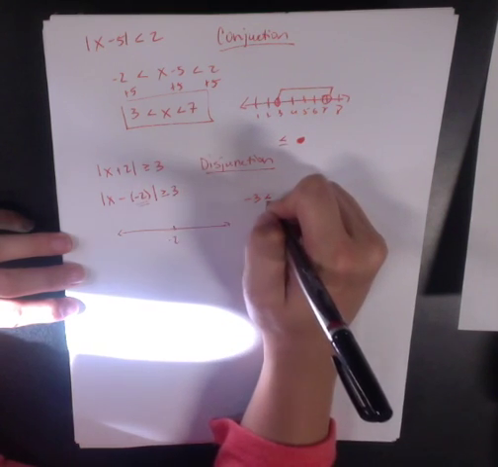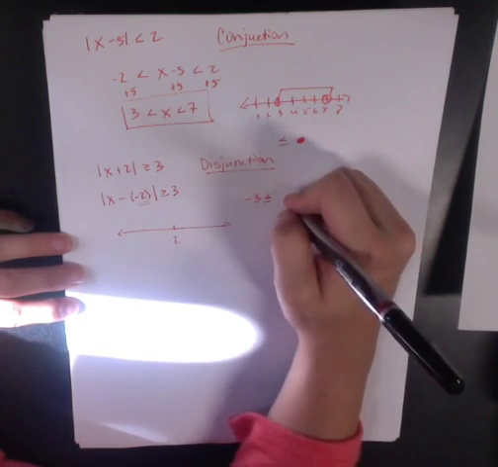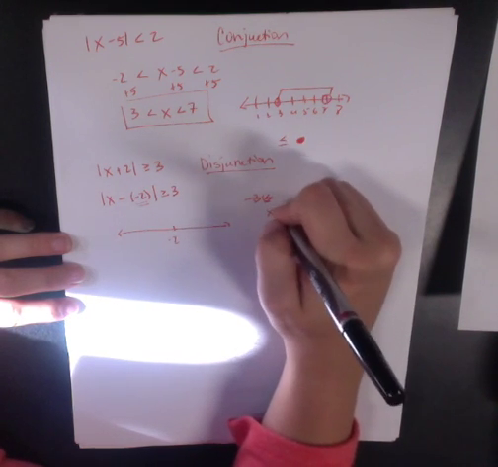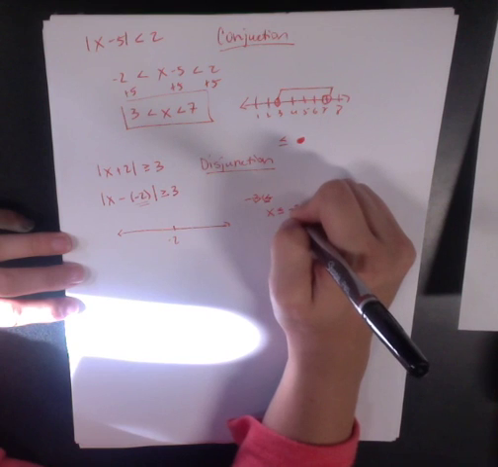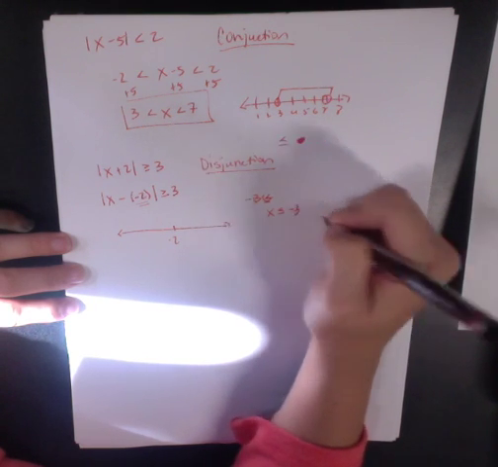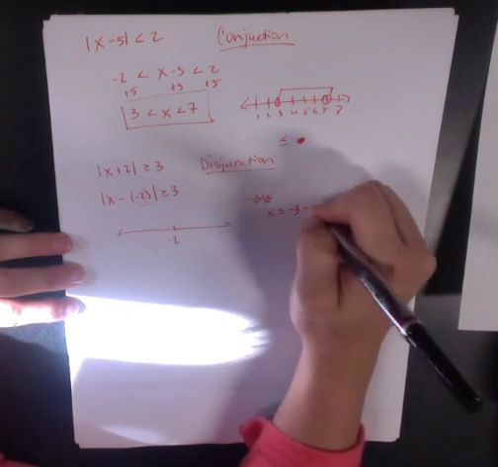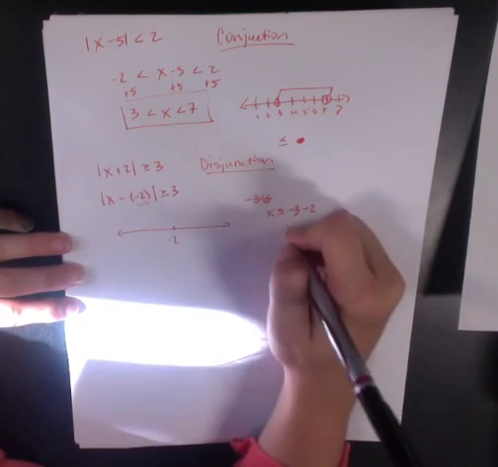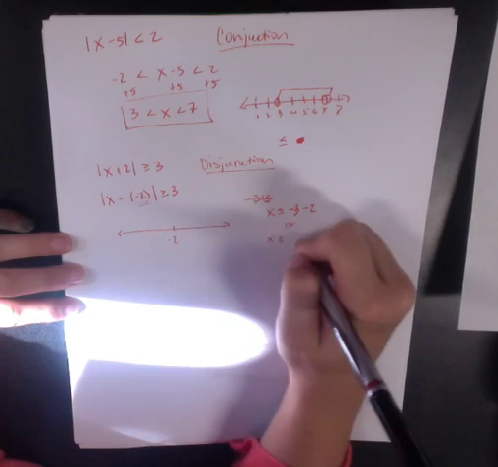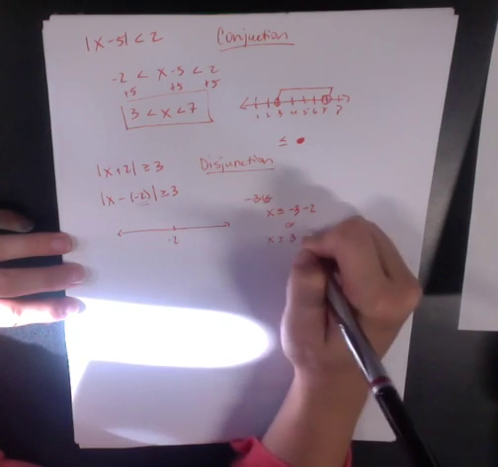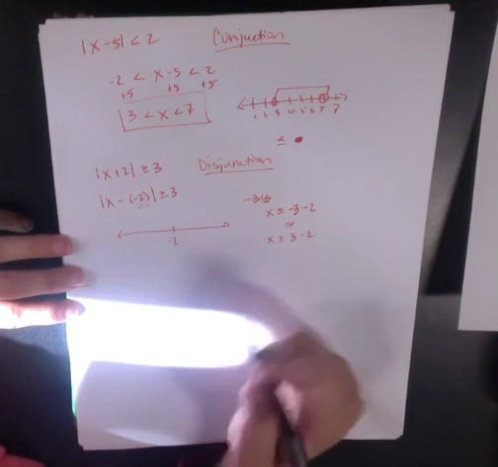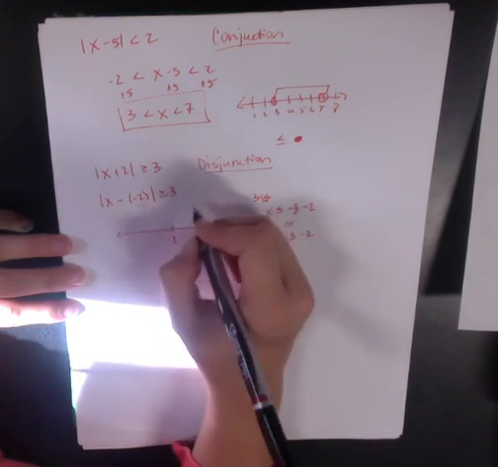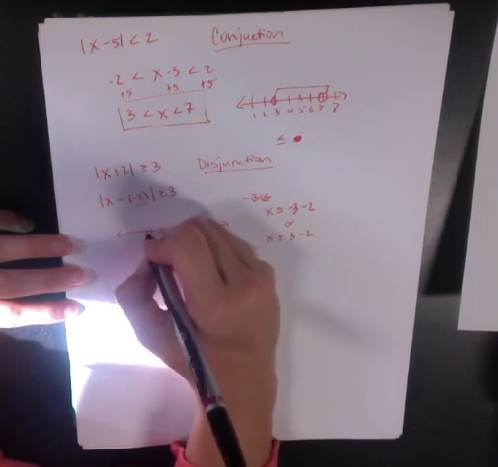-3 is less than or equal to, sorry, backwards, x is less than or equal to -3 minus 2, there's my -2, right, or x is greater than or equal to 3 minus 2, again, there's my -2, which I know each of these is 3 units away, so 1, 2, 3, 1, 2, 3.